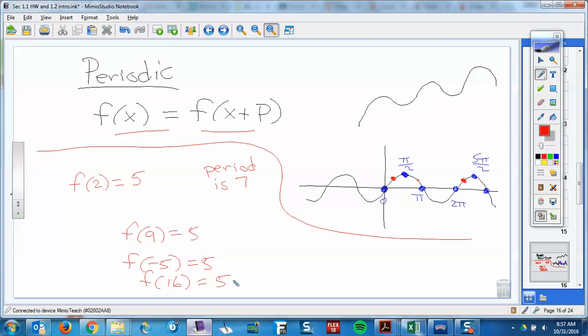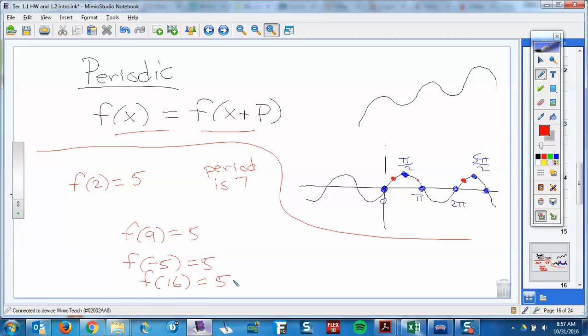You see what they're doing? They're just adding 7 on to those x values, because that's what we're saying. When you move over that many x units, you get the same y value out again every time. So if the x value of 2 gives me 5, then add 7 onto that. 9, add another 7, 16, 23, 30. I just keep going. I'm going to get 5 every time.